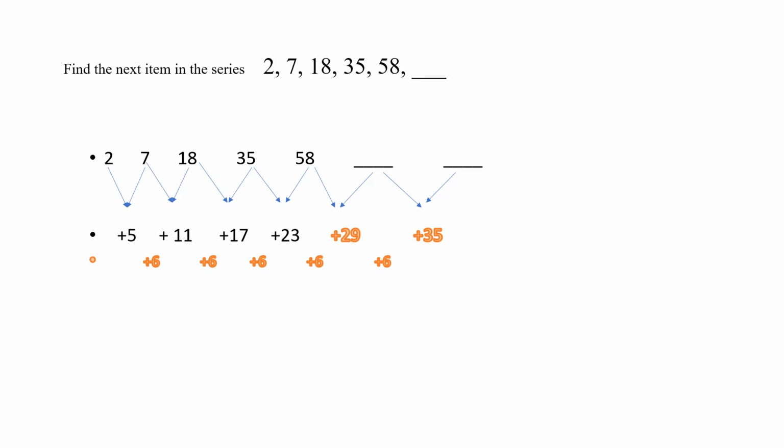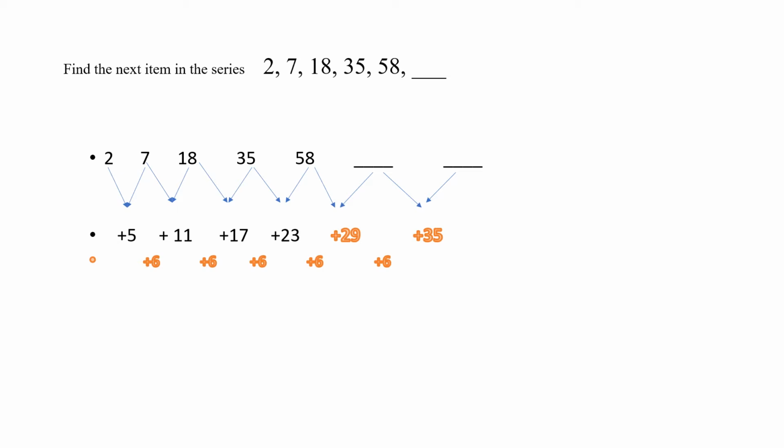Okay, let's look at this example where we need to find the next item in the series 2, 7, 18, 35, 58, and then we can go for the next one or the next two items in the series. So if we need to go from 2 to 7, that means we need to add 5 to 2 to go to 7.